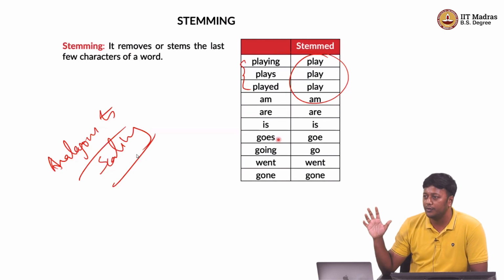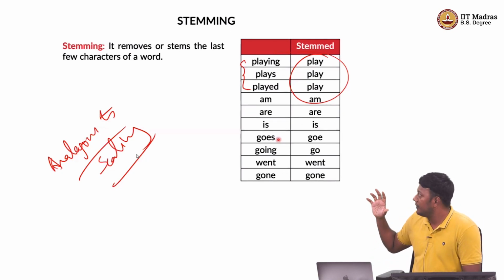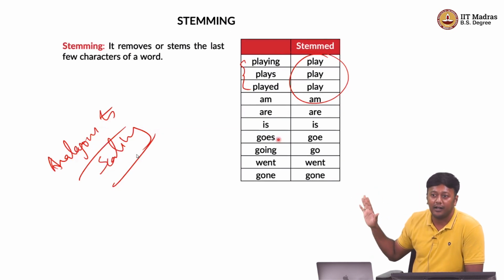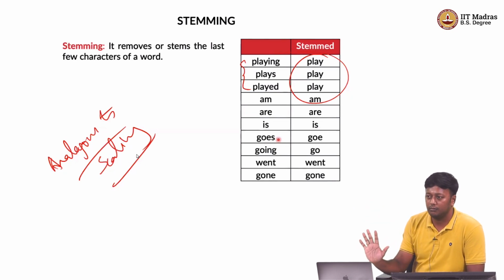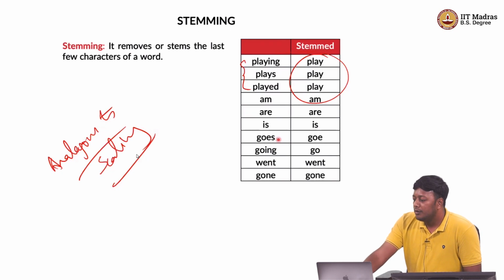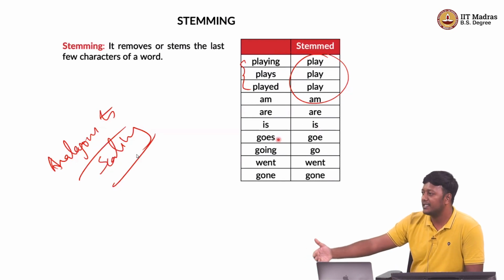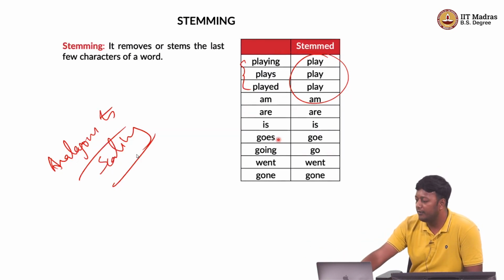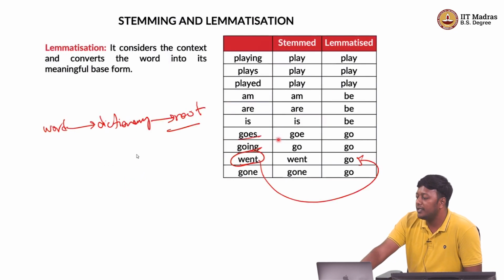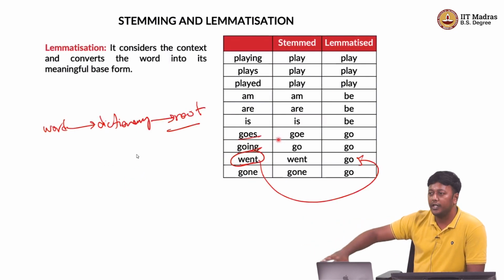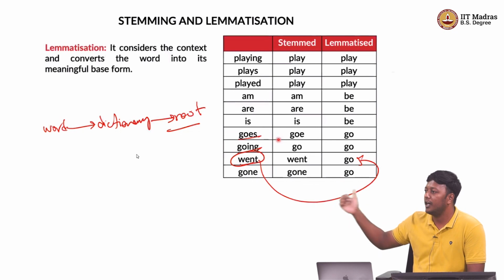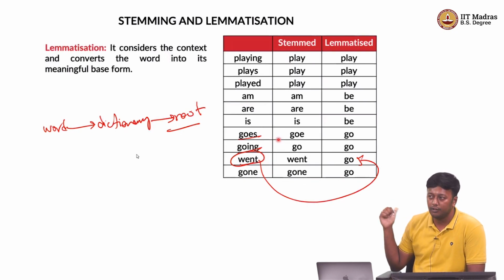My objective is not to make it English or grammatically correct. My objective is to make sure the words are consistent. That's all, right? So this is one way. It's called stemming. You have rules to remove these ed, es, ies kinds of endings. There is also lemmatization, which is the proper way. You go to the dictionary, actually check the root, and put that, right? Which is time consuming.